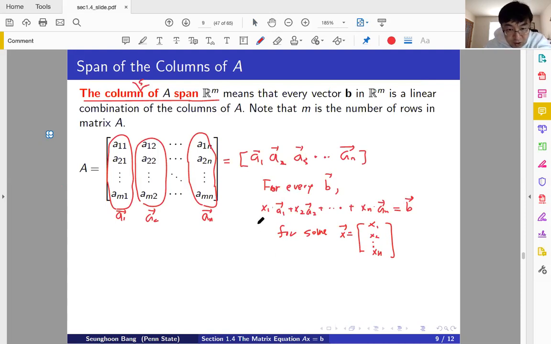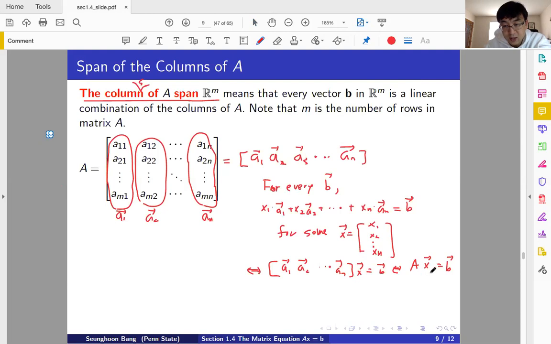In other words, you can change this to the matrix form: vector A1, vector A2, keep going, vector An times vector x equals vector b. That is the same as A times x equals vector b.